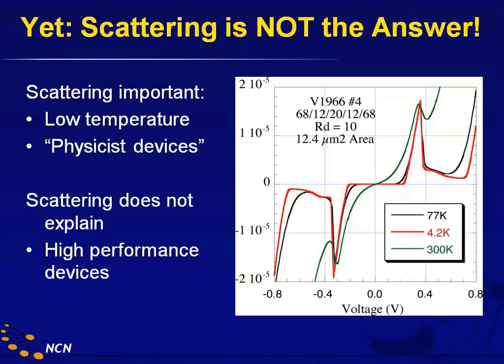The problem is that while you might get very good agreement in these devices that are shown at 4.2 Kelvin, and you can get this valley current right, you can't really do that for high temperature devices. Now here is the same device measured at different temperatures. What you see is this nice valley current that looks all pretty.